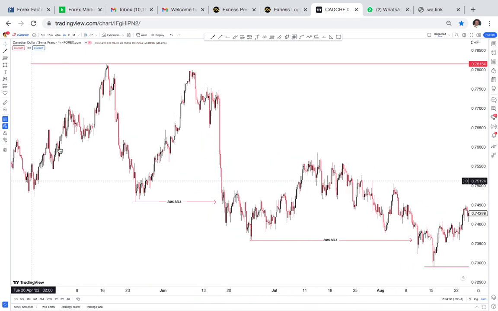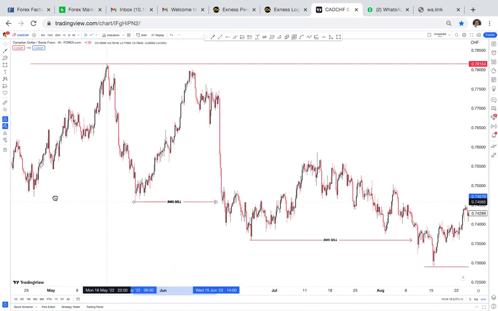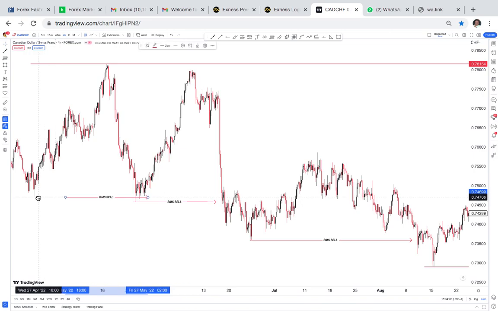This price was coming from an uptrend and it broke this first one. So this was where the immediate sell was coming from, because this one was broken. But even though it broke it with a wick, price never got back to this high.